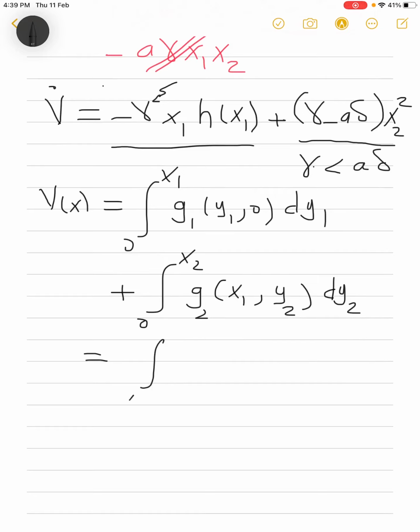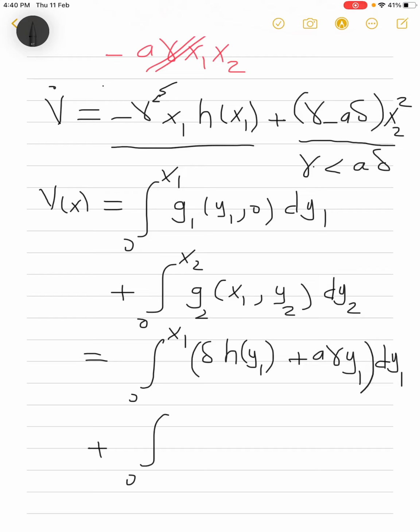So the first term will be integration from 0 to x1 of delta h of y1 plus a gamma y1, with respect to y1, and then plus from 0 to x2 gamma x1 plus delta y2, with respect to y2.